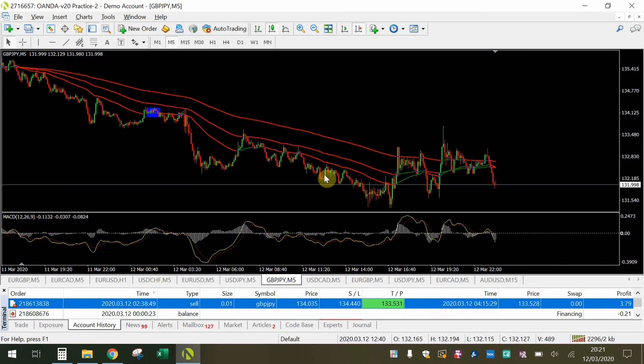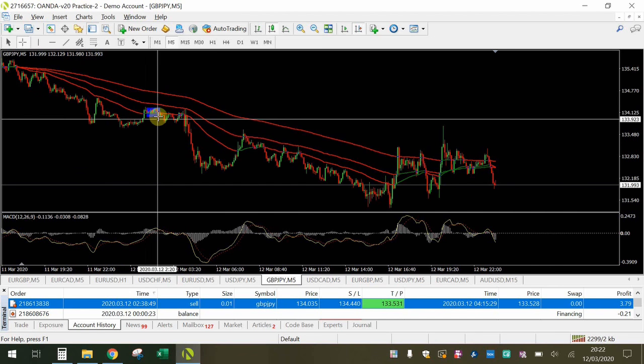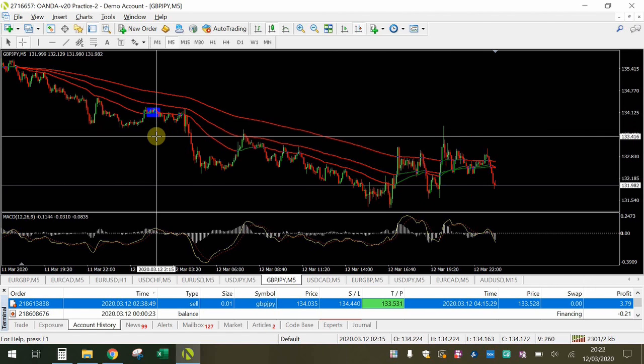I've just zoomed out a little so you guys can see what's happened throughout the day, and as you can see, as expected and as predicted, the pound yen continued to sell off, and you can see here in the shaded blue area is where we placed the short trade. And again, the reason why we placed the short trade is because we saw hidden bearish divergence.